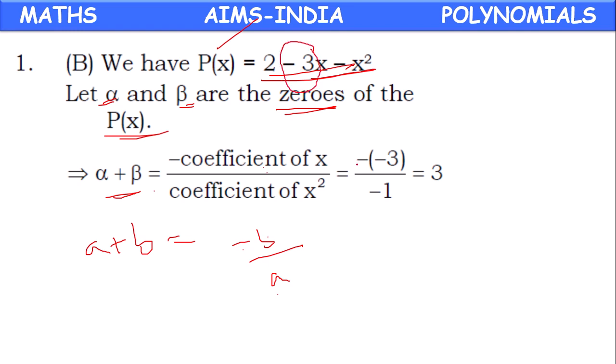Minus 3. Minus of minus 3 by, what is the coefficient of x square? Minus 1. Minus into minus, it will become plus. So it will become plus 3 by minus 1. So the answer is minus 3.